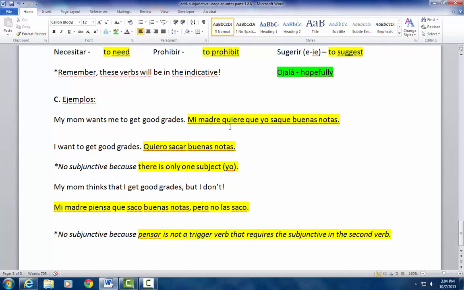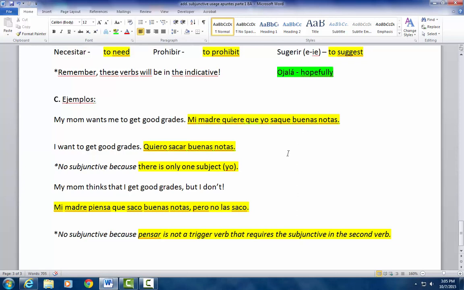Quiere, verb 1. It's in the indicative. Then we have K, subject 2, yo, and verb 2, saque, sacar. It's a QU. It still remained QUE. Saque buenas notas. This is a correct subjunctive sentence.